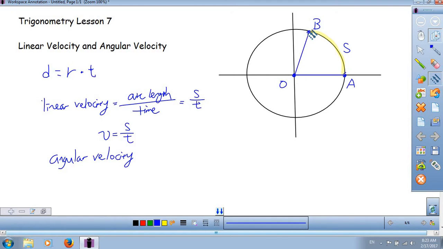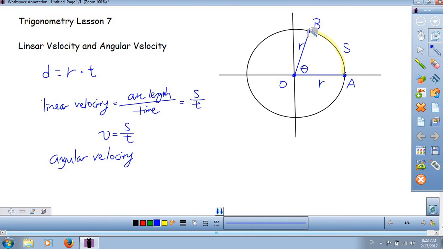OB is the terminal side, which is also a radius. So if you're starting at A and running towards B, your angle changed from 0 radians all the way to theta radians, from A to B.